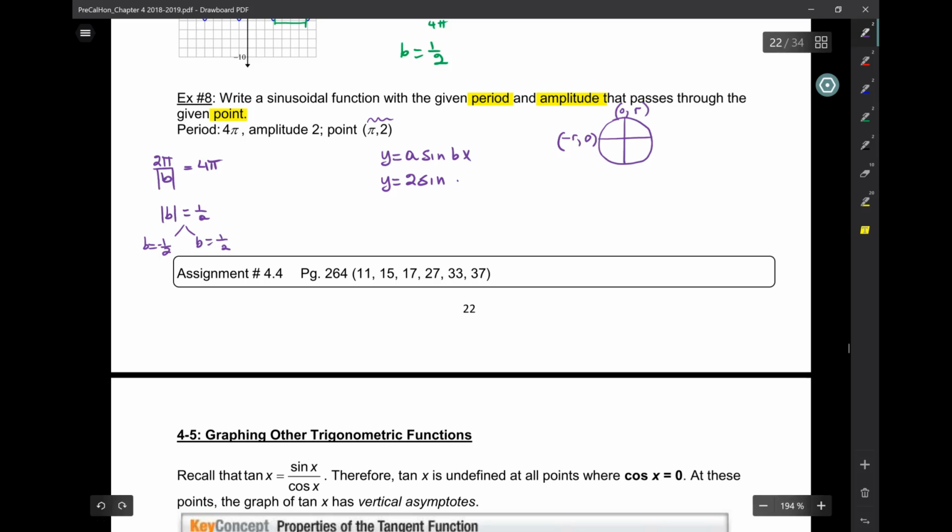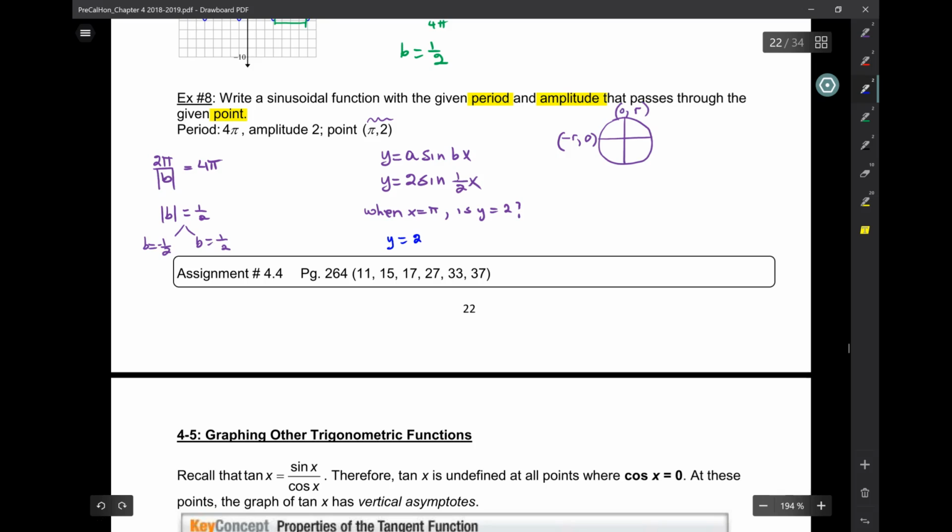So let's try it out. Suppose we had half x. When x equals pi, is y equal to 2 in that case? When x is pi, what is y equal to?